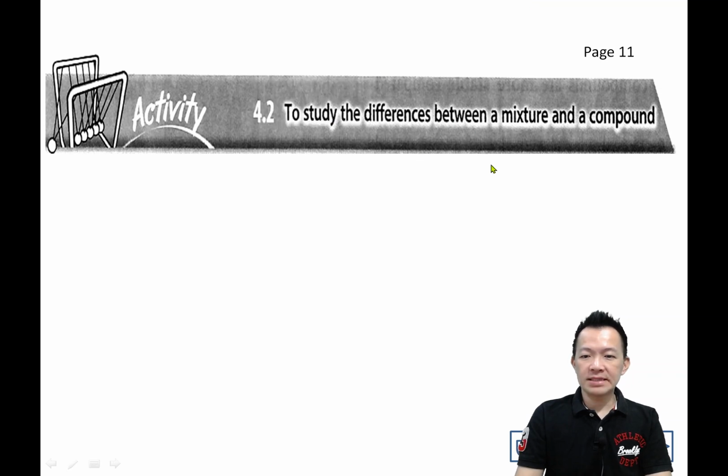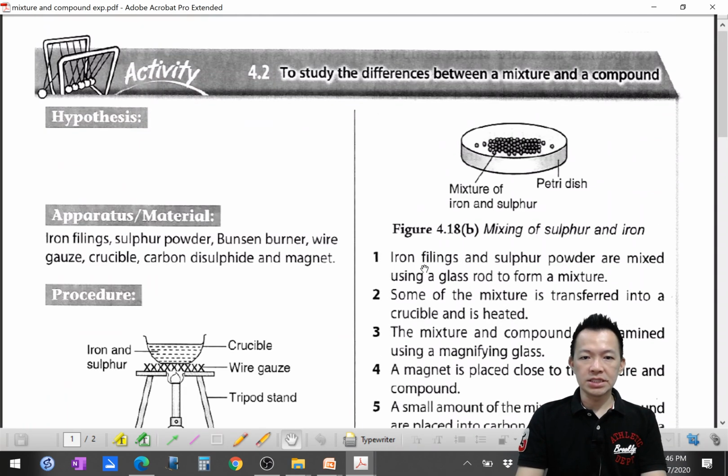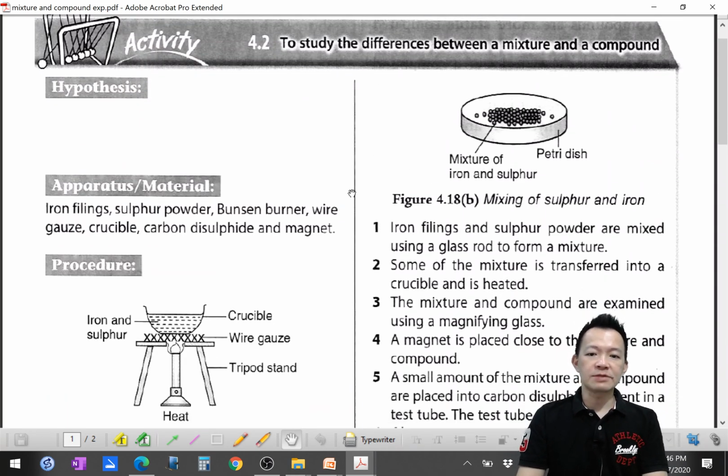To study the differences between mixture and compound, 混合物、化合物，它们的差别在哪里？ So to understand the difference, we prepare the experiments, and our experiment will be on page number 11, 第11面。 But I'm not going to read the experiment one by one, slowly, sentence by sentence for you. 我不会慢慢的读给你听。I just prepare experiments, and you just understand the experiment easily.